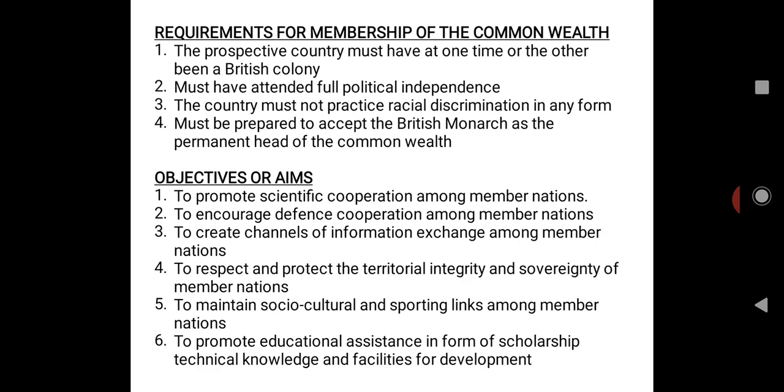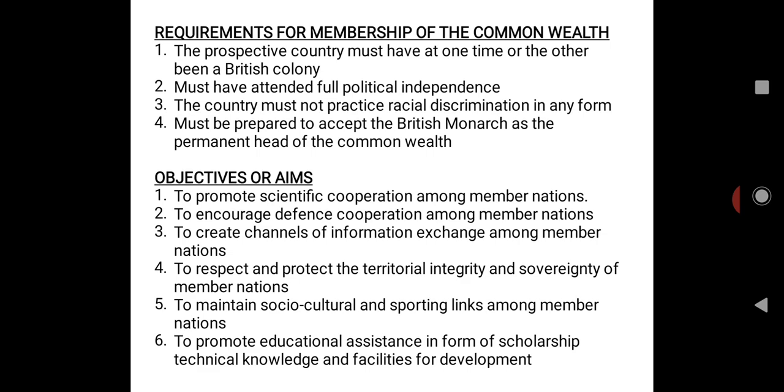If you look at the membership of Commonwealth of Nations, like I told you, there are 54 member countries, and majority are from Europe. You get from Asia, you get from Latin America and Africa.